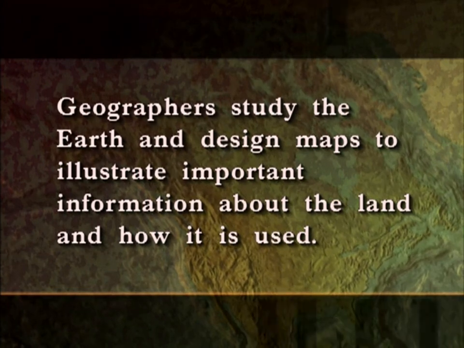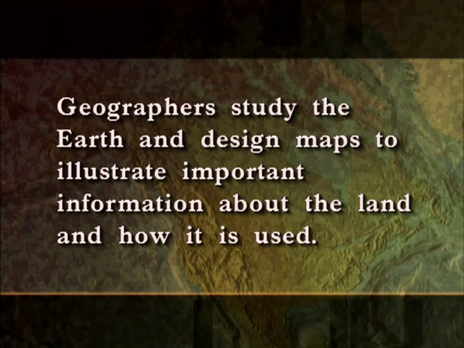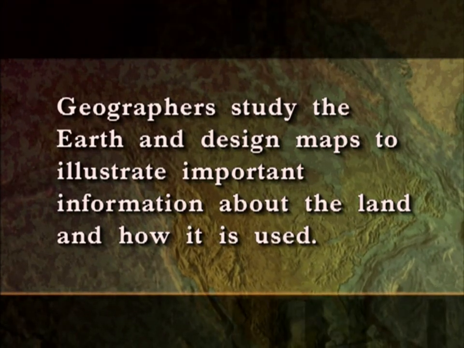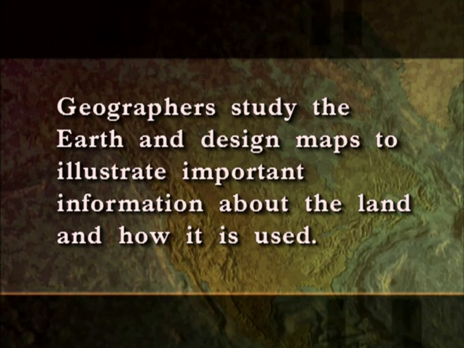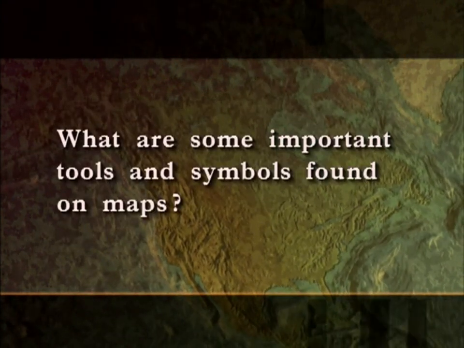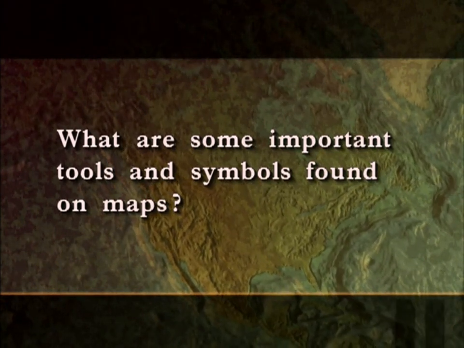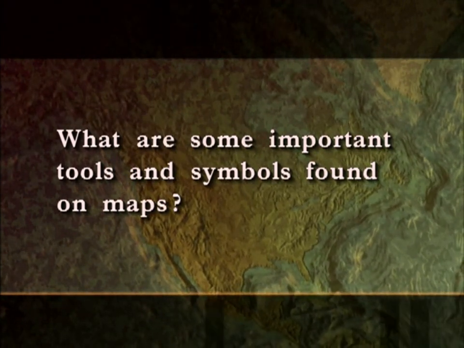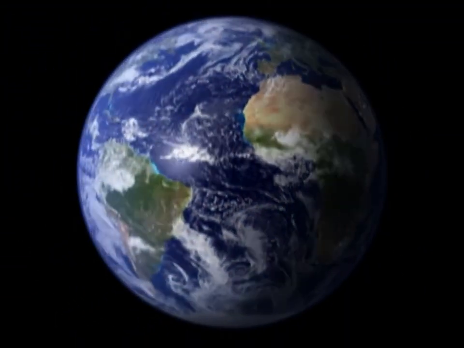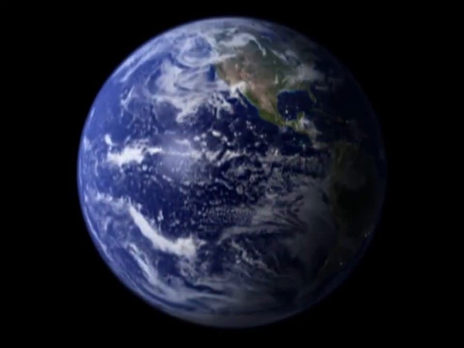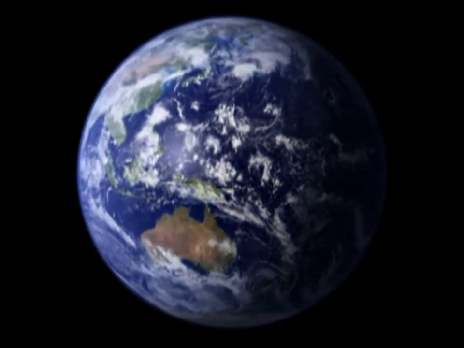Geographers study the Earth and design maps to illustrate important information about the land and how it is used. What are some important tools and symbols found on maps? From space, planet Earth looks like a blue and white spinning marble.